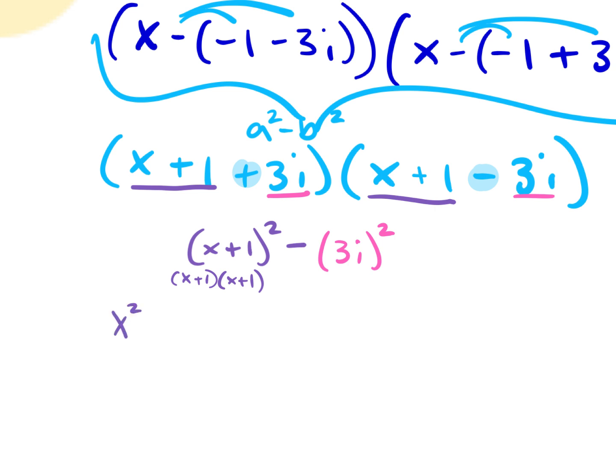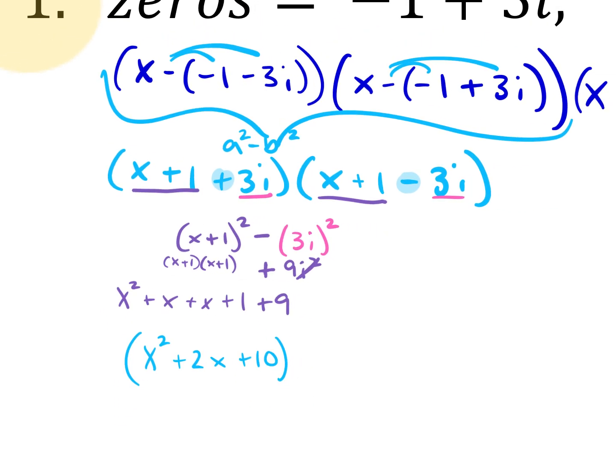We've got x squared plus 2x plus 1. This would be minus 9i squared. And what does i squared change to? -1, so that becomes plus 9. Then we can combine our like terms. We've got x squared plus 2x plus 10.